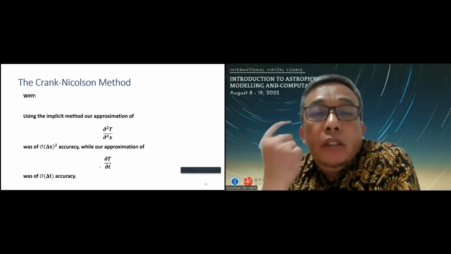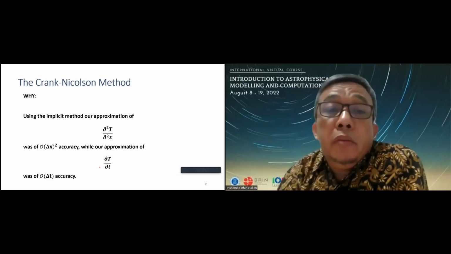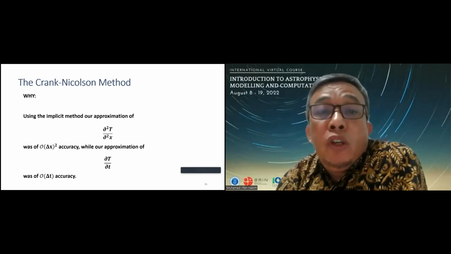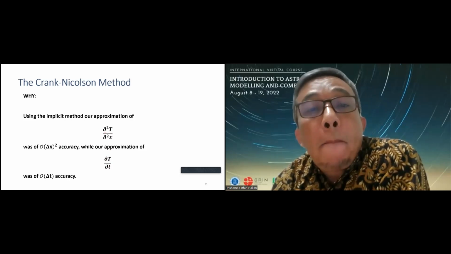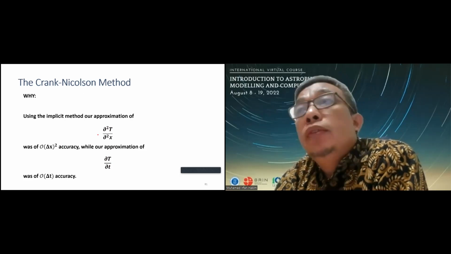The idea behind this approximation is the next approximation of this second derivative.